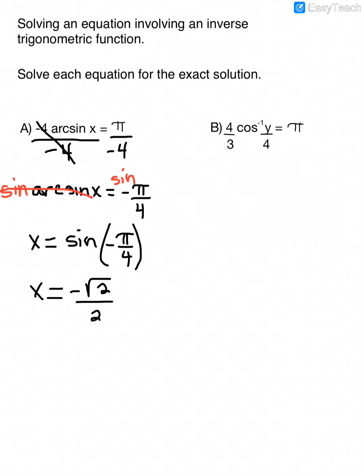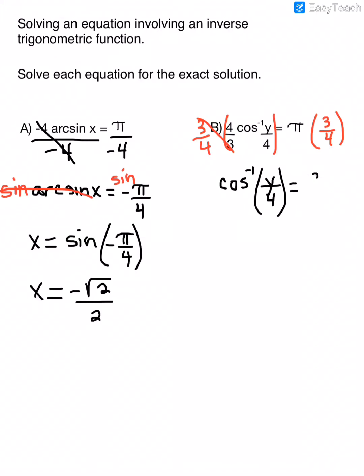So in order to get rid of that, we're going to multiply both sides of the equation by its reciprocal, 3/4. So when I do that, the 3/4 and the 4/3 cancel each other out, and I'm left with cosine inverse of y over 4 is equal to 3 pi over 4.